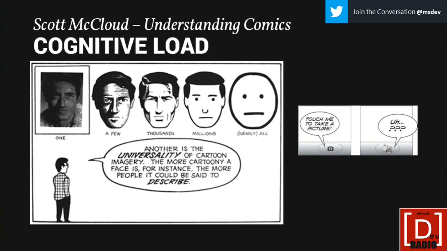With the icons here, take a picture, that simple little camera icon, most people can understand it. They make the connection right away. It doesn't take a lot of time, and it's not too defined, which is good.